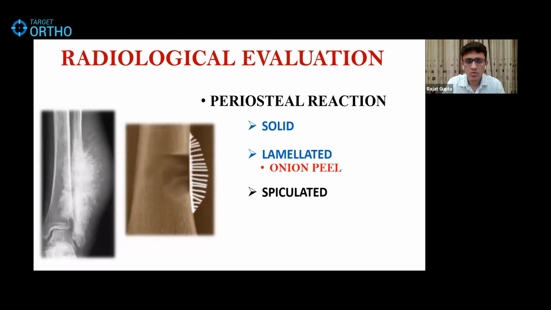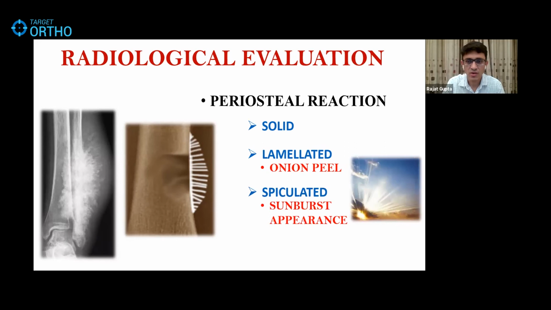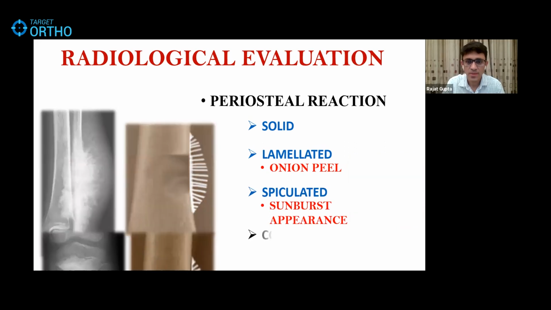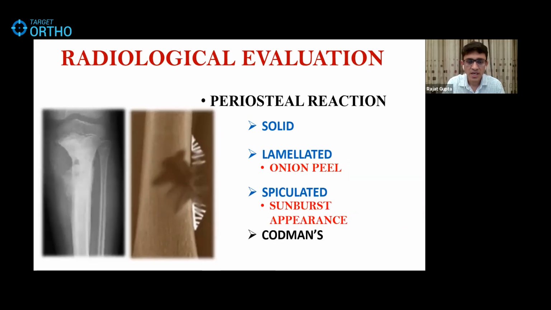Or it could be a spiculated kind of periosteal reaction like the sunburst appearance in osteosarcoma. Or it could be a Codman triangle like this seen in this patient of osteosarcoma of the proximal tibia. So basically all these lamellated, spiculated, or Codman's are features of malignant bone tumors.